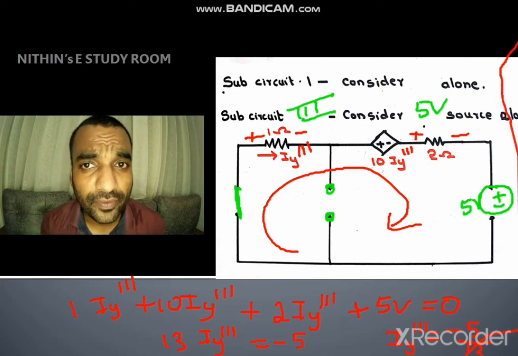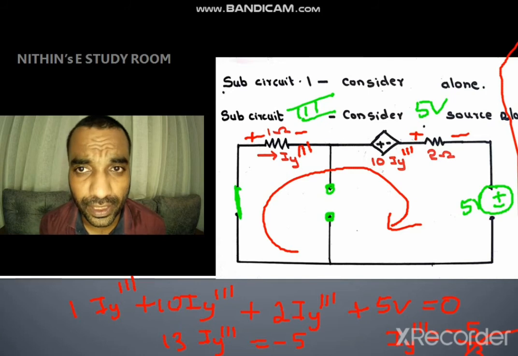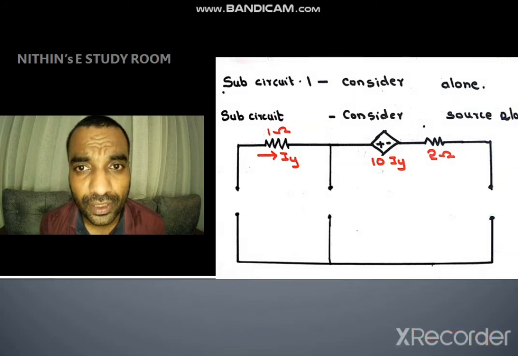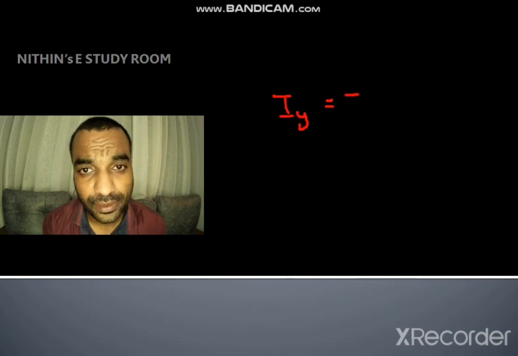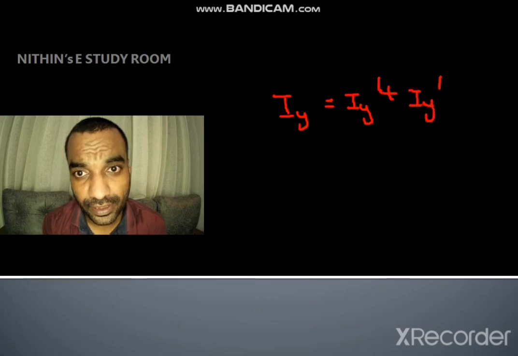So now you got Iy dash, Iy double dash, and Iy triple dash. So finally you have to find the net current Iy, that is nothing but Iy dash plus Iy double dash plus Iy triple dash.